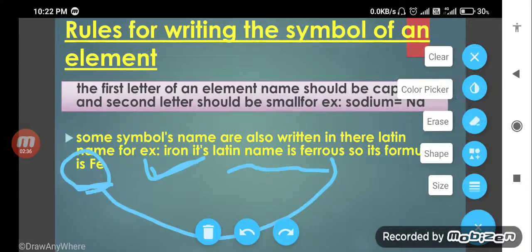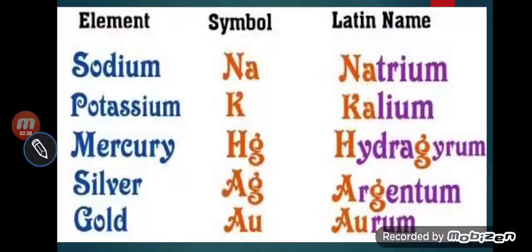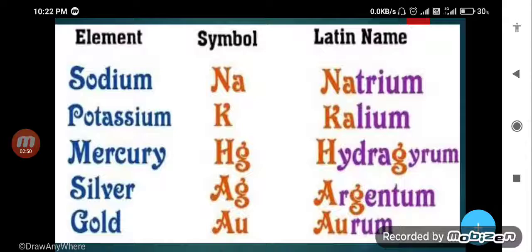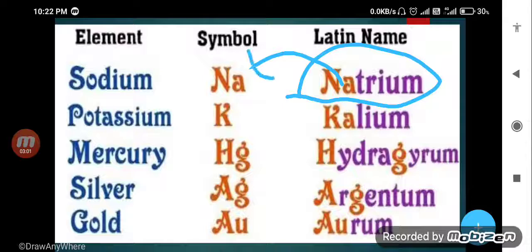So, see in the example, here I have given you a few elements whose symbols are taken from the Latin name. You can see in the case of sodium, what is its Latin name? Natrium, and from natrium Na is taken as the symbol.